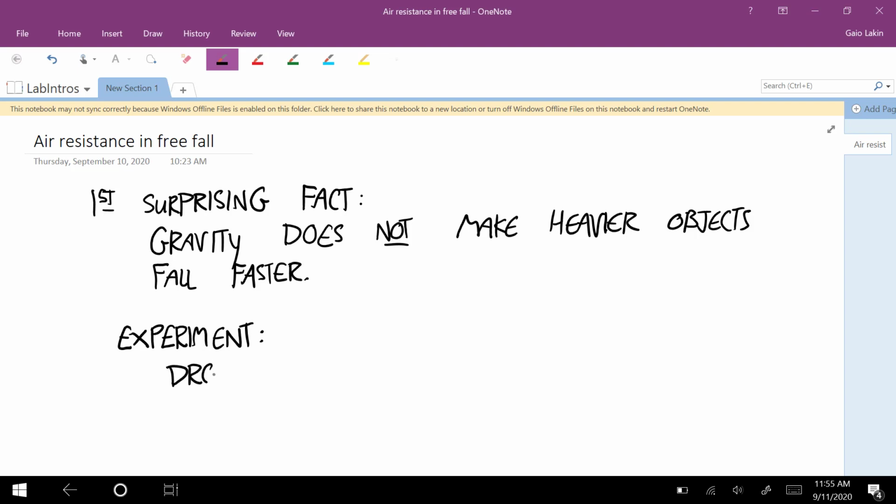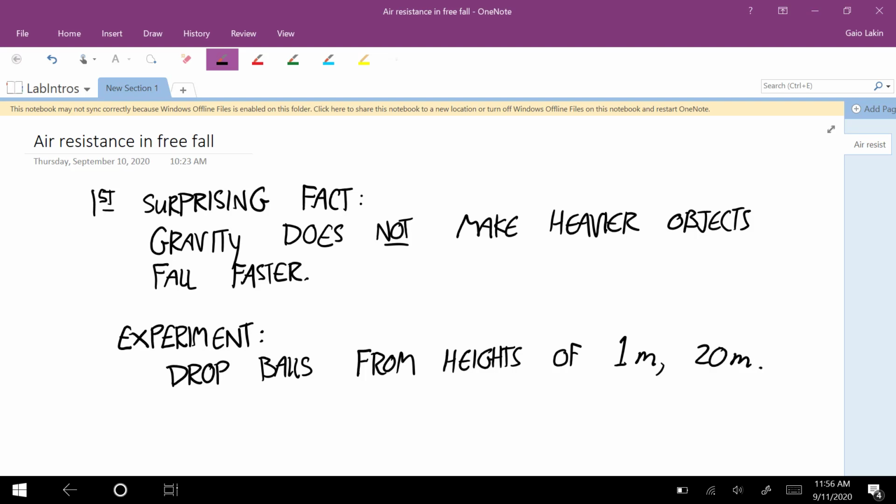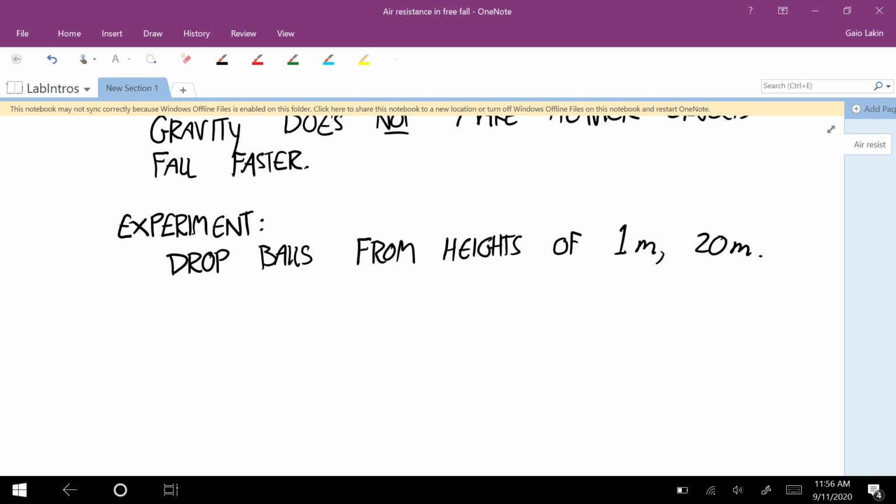So we're going to drop balls from heights of 1 meter and 20 meters. And the balls are going to be tennis ball sized, lead.